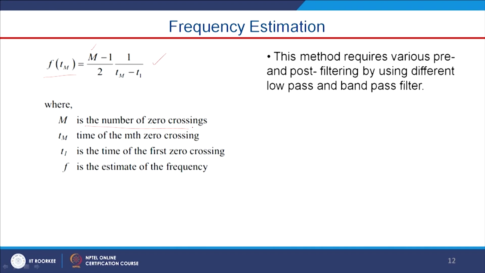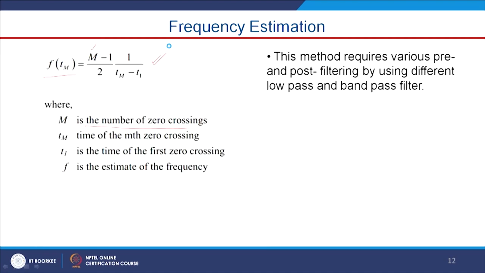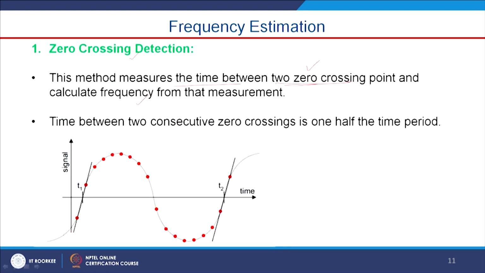If you look at the signal diagram, the equation is m minus 1 by 2, whole into 1 divided by Tm minus T1. Here, m is equal to 1 at my first zero crossing, m is equal to 2 here, and m is equal to 3 here. So we have seen 3 zero crossings.